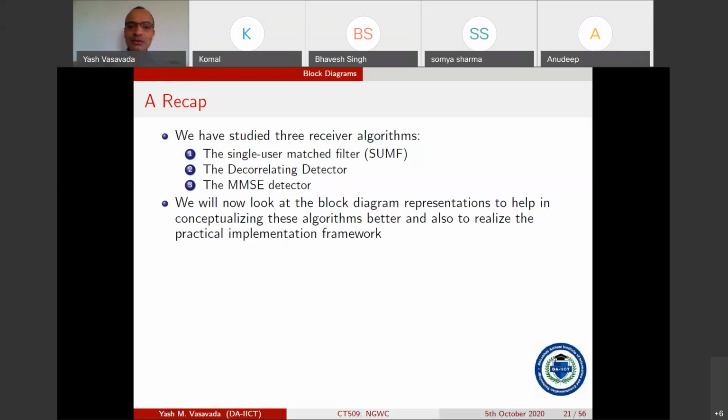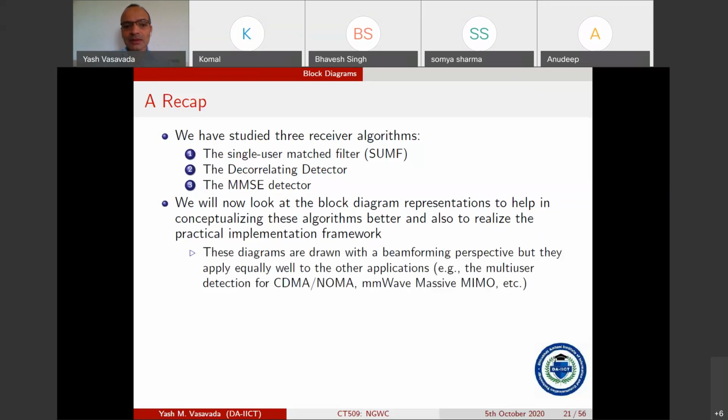And so although we are going to be talking about this in the context of beamforming, with only a very slight shift in your mindset, you will be able to carry these conceptual diagrams forward and apply them to the CDMA or the non-orthogonal multiplexing schemes as well.